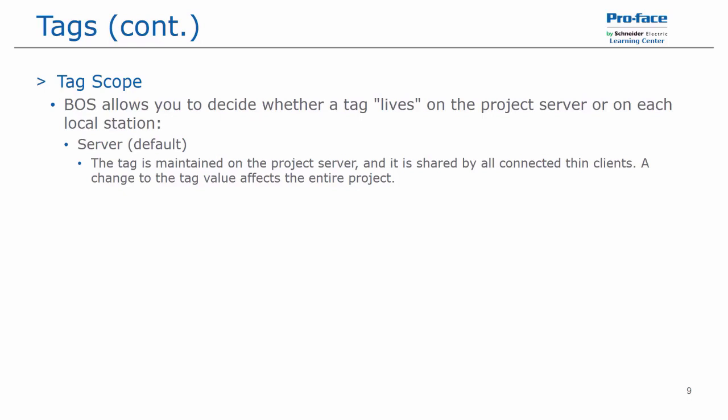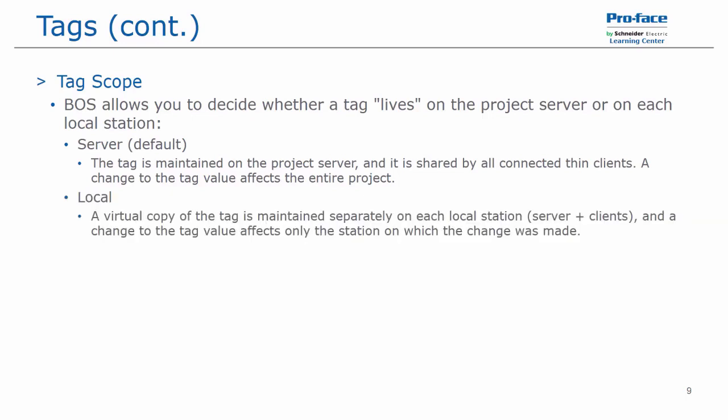So if the tag value changes on station 1, that will be reflected on all the other stations and the project server. And the local scope means that each station has its own virtual copy of the tag and is maintained in its own exclusive tags database. So if the value of that tag changes on station 1 and the scope is set to local, that value will not change across the other stations. It will remain changed just on the single station.